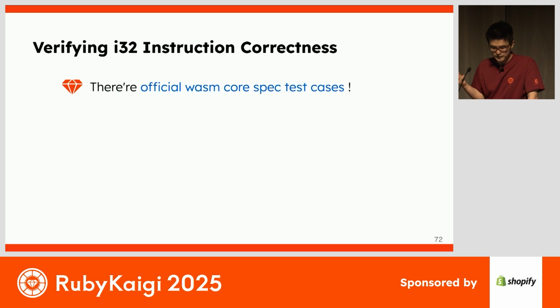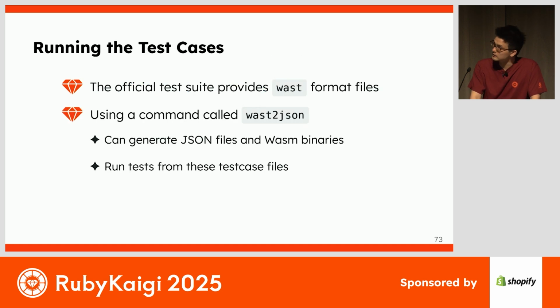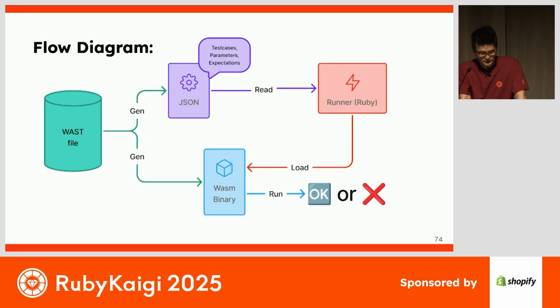The correctness of numeric instructions like I32 can be verified using the official WASM test suite. Here is the testing process. The official WebAssembly test suite is provided in a format called WAST. Using a command called wast2json, you can generate JSON files describing the test cases along with the corresponding WASM binaries needed for testing from WAST files.